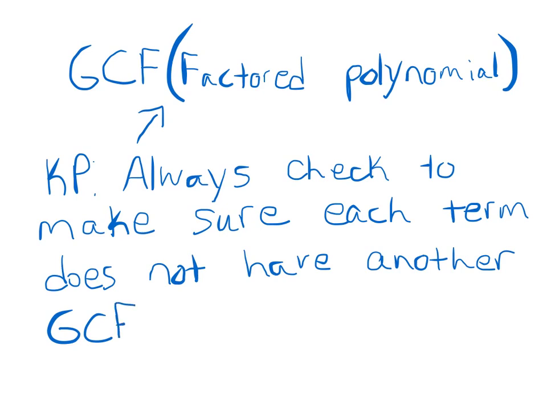Want to make sure each term does not have another GCF. And again, I'll show you what we mean by that in the next example. Get that down. If you're not done writing it, go ahead and hit pause, finish writing it, and then you can move on to the next slide.